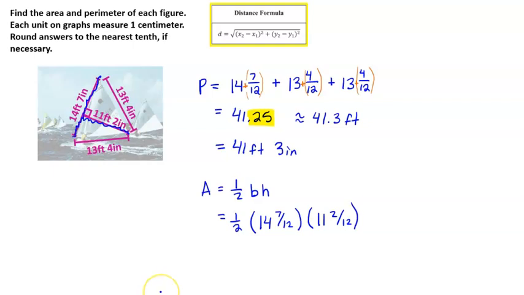And I can just type this whole thing in the calculator. I'm going to add parentheses around my 1/2. Don't forget that there's little plus signs here.